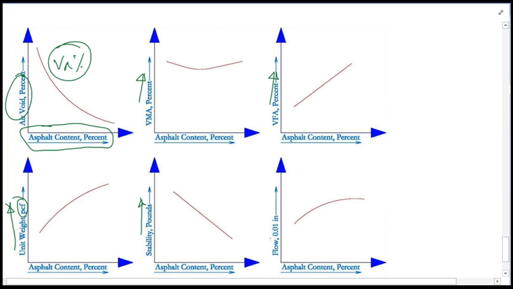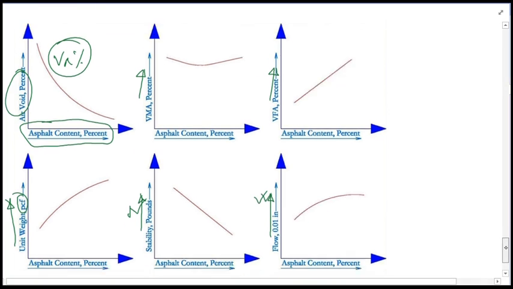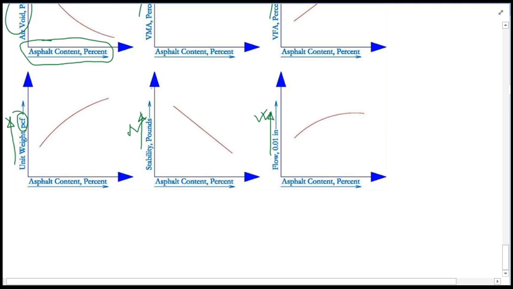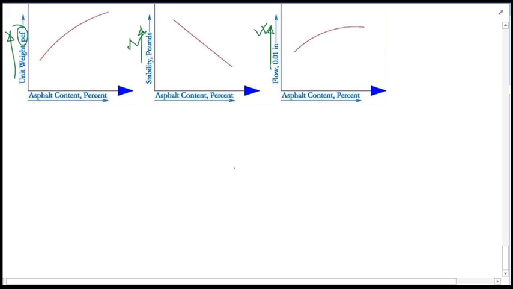Unit weight and the three volumetric properties we already know, but what about stability and flow? Let's define the stability and the flow.